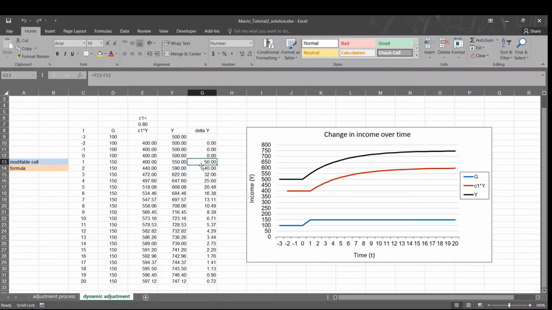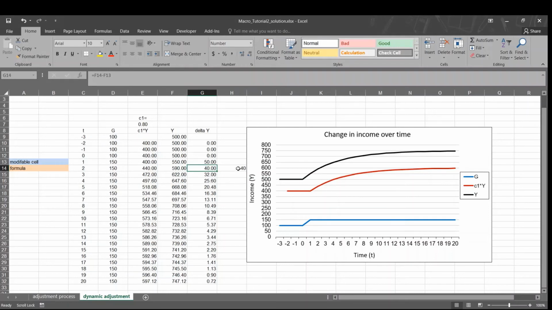So if our income increased by 50, in the next period the consumers would again consume a portion of that increased income, or in other words, they would consume the portion of that income with respect to their marginal propensity to consume. So that is to say, we would have a new consumption structure which says 0.8 multiplied by 50 is giving us 40. So in the next period, they would consume 0.8 of the increased income, which was 50.